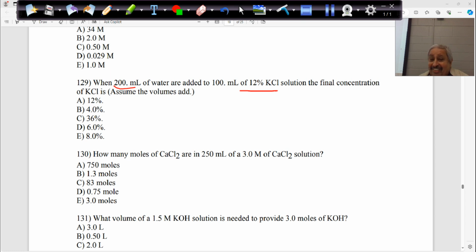Because when you dilute, you have a 12% and you added H2O to it, like a bitter coffee, and you can add tap water to it or milk, add anything to make the bitterness out. So you are diluting the coffee solution. It's the same idea. So the dilution law is C1 V1 equal C2 V2.